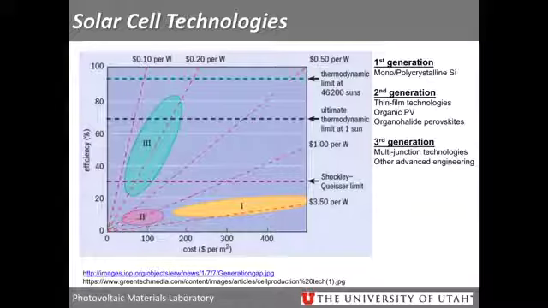The first generation is silicon, with higher costs, and the second generation takes that cost down with comparable efficiencies. So that's thin films, and I'll talk about the difference between those two in a second. This is the Shockley-Queisser limit, and like I said, third generation uses advanced engineering techniques in order to surpass that theoretical single junction efficiency.